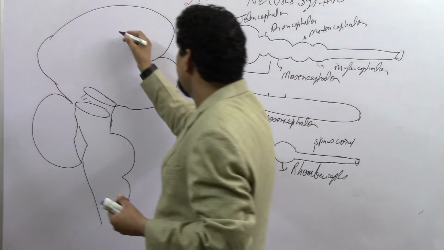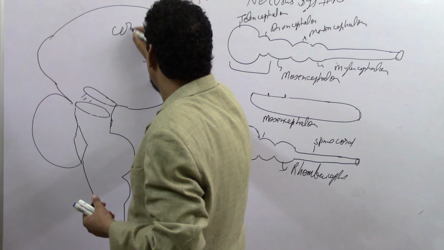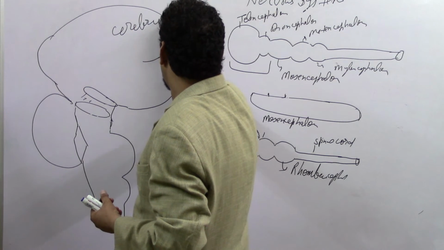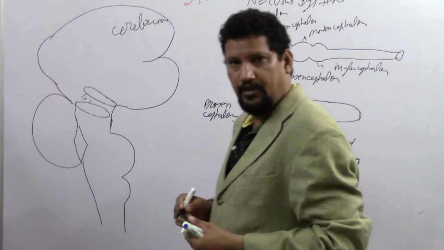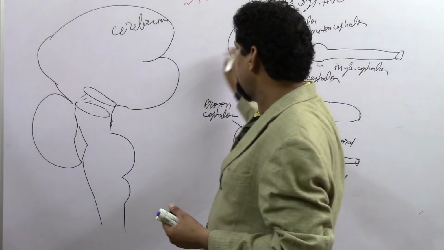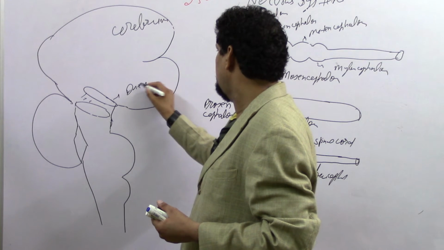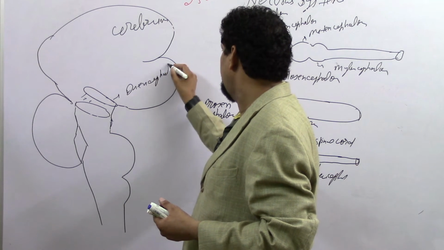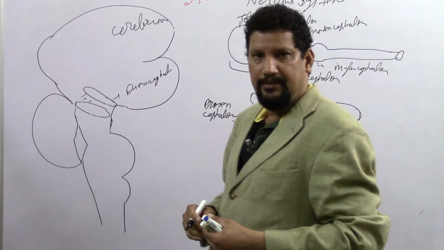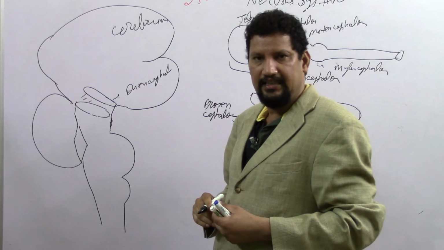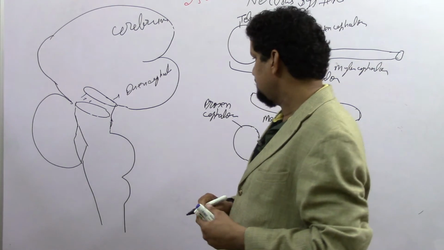So here is the cerebrum formed by the telencephalon. Here is the diencephalon, and it has thalamus, hypothalamus, metathalamus, epithalamus, and subthalamus.